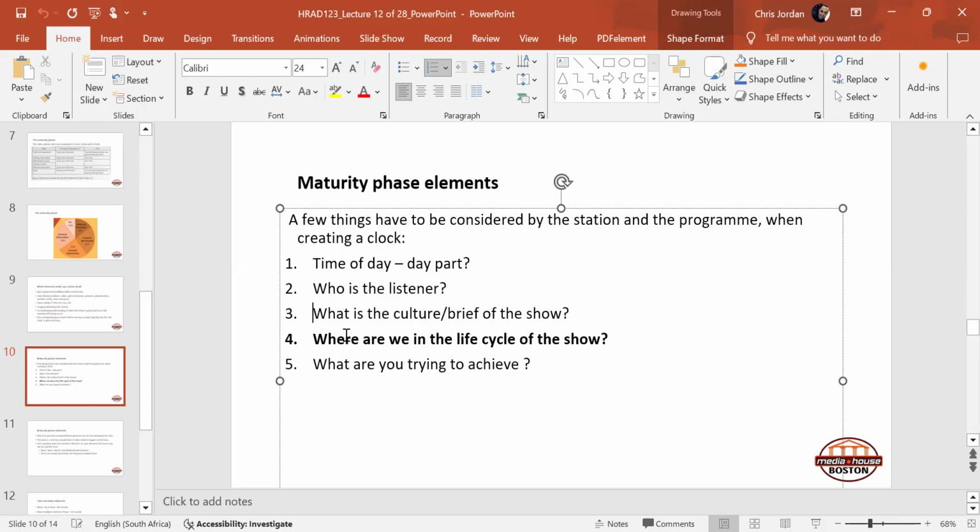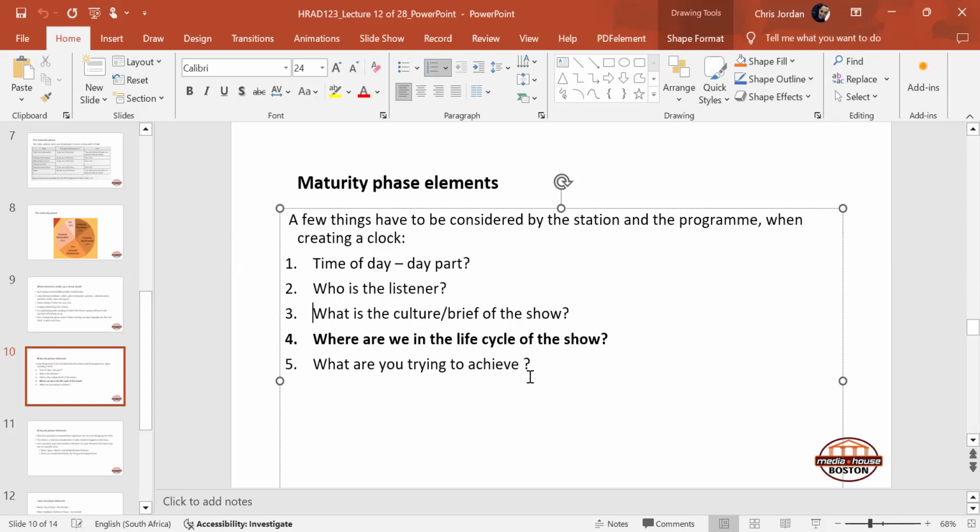So we'll change the culture of that particular show, from show to show, based on the listener lifestyle. So where are we in the life cycle of the show? We're also defining the clock based on, as we said before, the introductory and the growth phases, which are going to obviously impact the structure of that particular show clock.